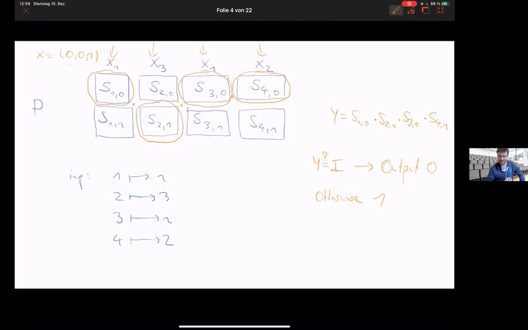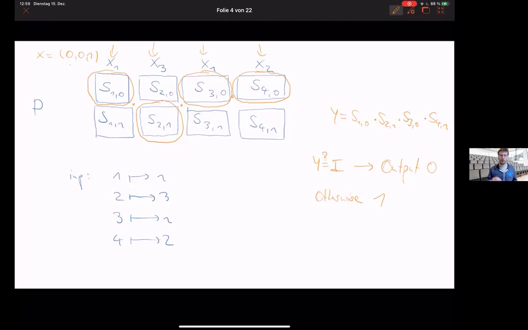And if you look at this, when you evaluate such a branching program, you wouldn't do it like this. You wouldn't first go through all the indices and look which matrix you need, and then in the end compute the product. No, you can do that on the fly, right? So you start with the first position. So this is S1,0. Then second position, so there you have S2,1.